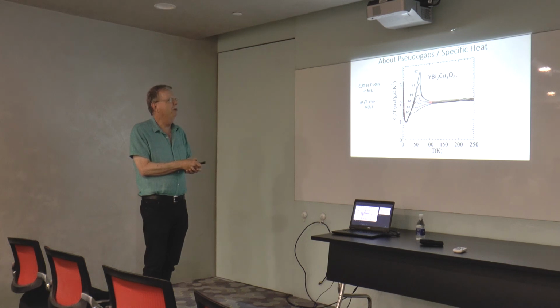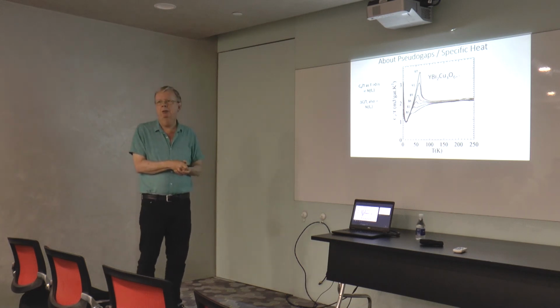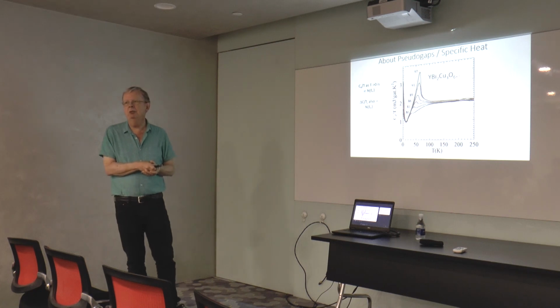And the problem with looking at the normal state data way up here is that this is the electronic specific heat. The electronic specific heat, expressed as a fraction of the total measured specific heat at 100 Kelvin, is like 1%, because the lattice contribution is so enormous.